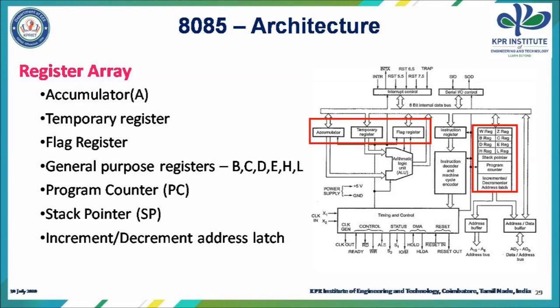Then coming to the register array, this register array includes the accumulator, temporary register, flag register, general purpose registers B, C, D, E, H and L, a program counter, a stack pointer and an increment decrement address latch. All these come under the register array.